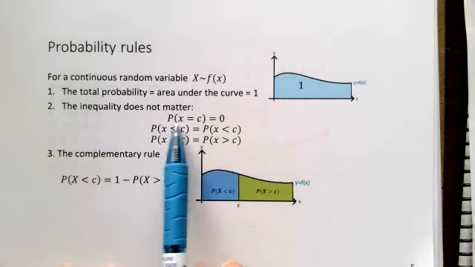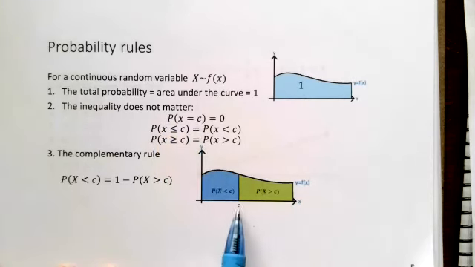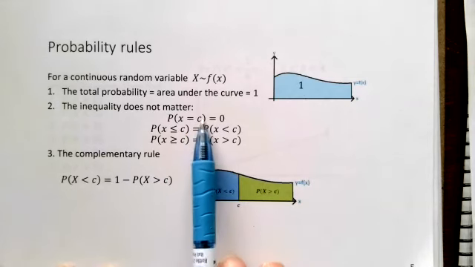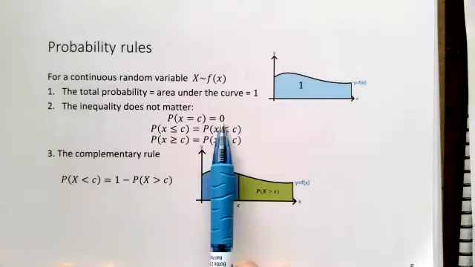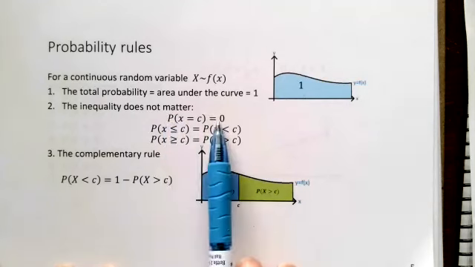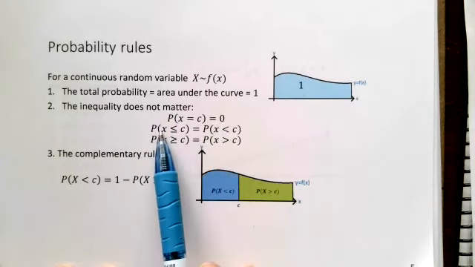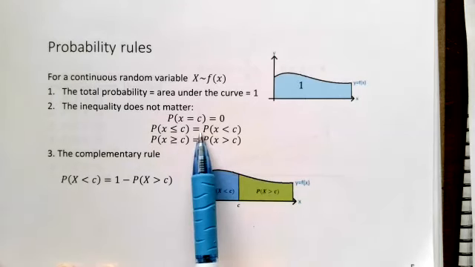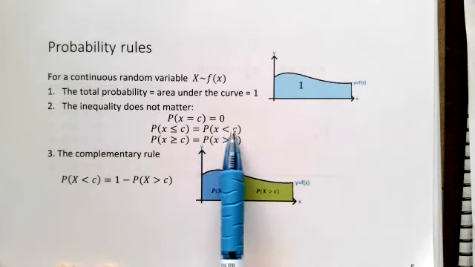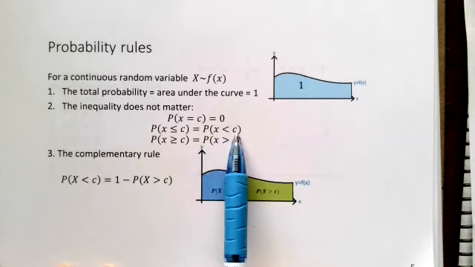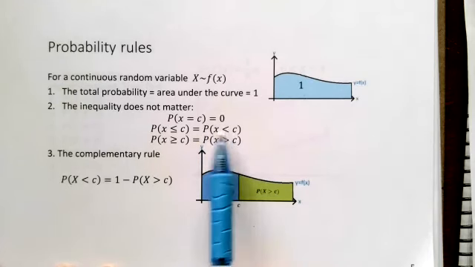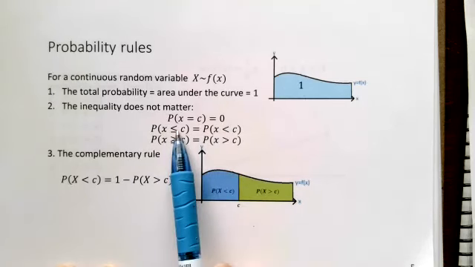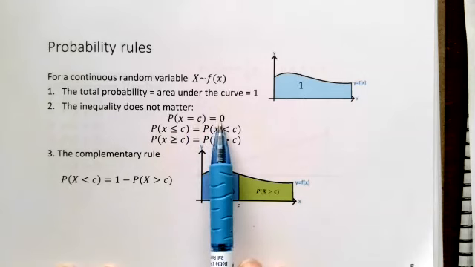Then the probability of x equals some value c does not matter because that probability equals 0. With that in mind, the probability of x less than or equal to c is going to be the same as the probability of x strictly less than c, not including the equal, because if x equals c, that probability equals 0.